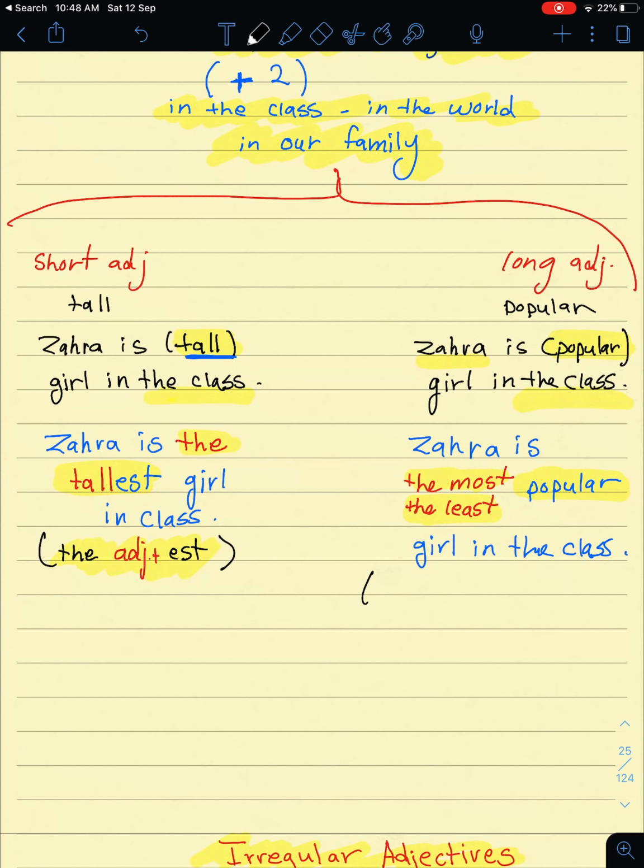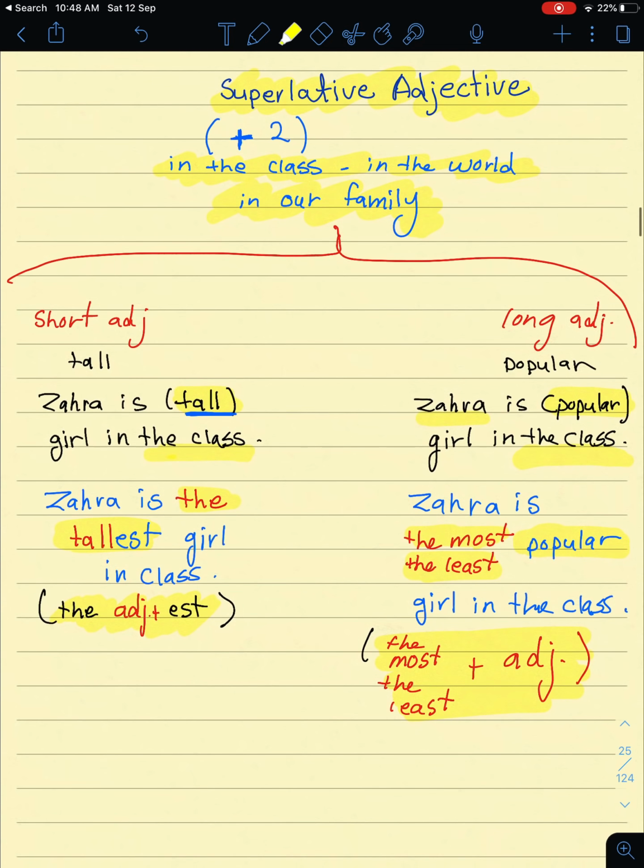Long adjective, I'm going to say either the most or the least. واضح؟ Then I'm going to add the adjective. Very easy. سهل جدا. خلاص؟ For example, the tallest, and this one, the most or the least popular. Okay? So did you understand right now what we mean by superlative adjective?